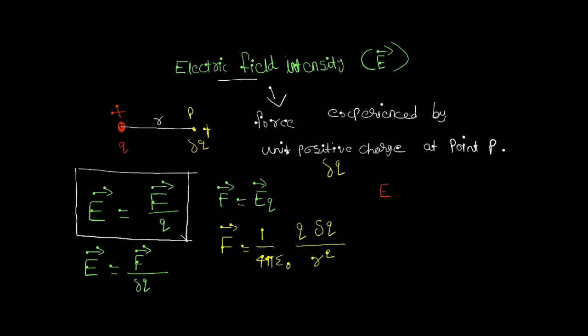It is F by delta Q, the unit positive charge. So F according to Coulomb's law is 1 by 4 pi epsilon 0 Q delta Q divided by R square, divided by this delta Q. The delta Q and delta Q cancel out.